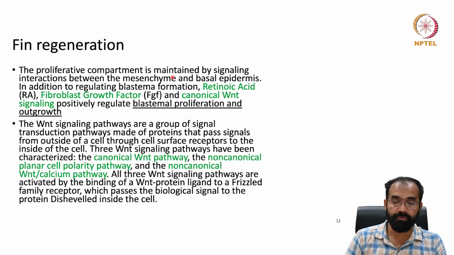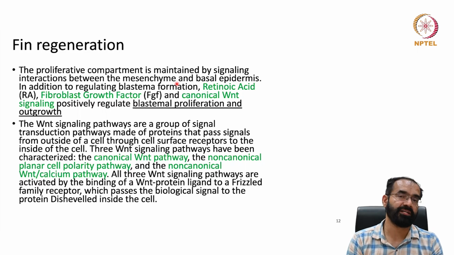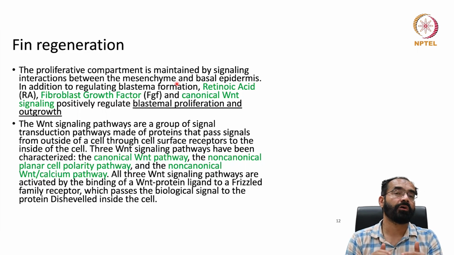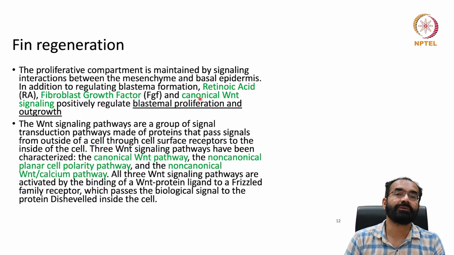The proliferative compartment is maintained by signaling interactions between the mesenchyme and the basal epidermis. So these two have to cross talk. Then only you will know how many proliferating cells have to be accompanied in the blastema and how many cells have to be differentiating. In addition to regulating blastema formation, there is retinoic acid, which all of you would be familiar with.